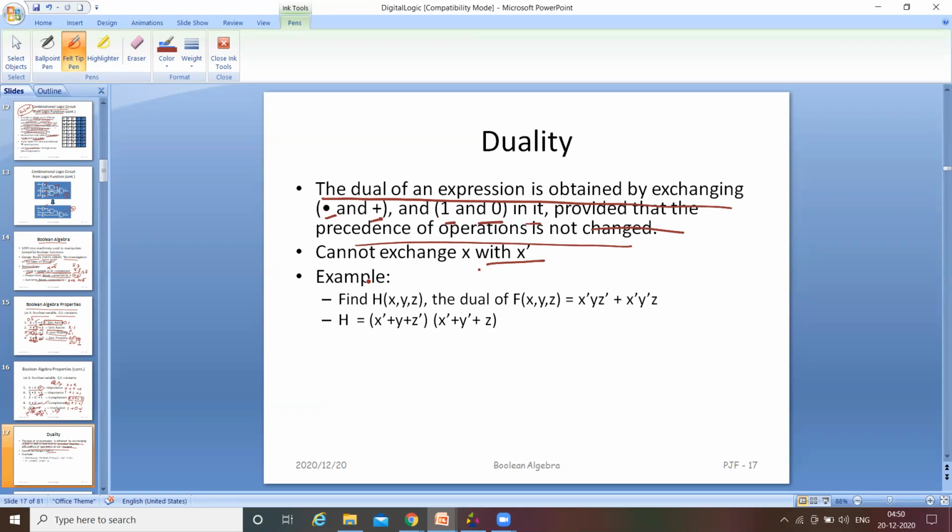Example: here x prime, a dot operation is there, so we replace it with plus. y is there, so as it is, y, and z prime is written as z prime.